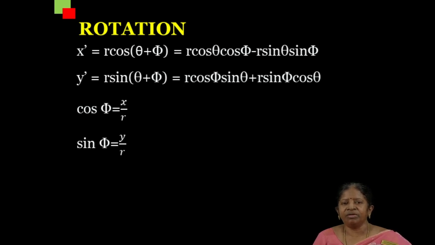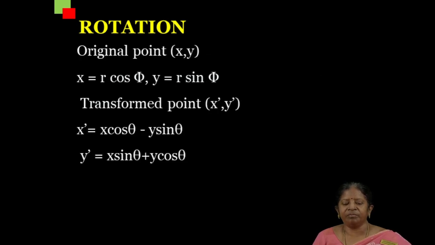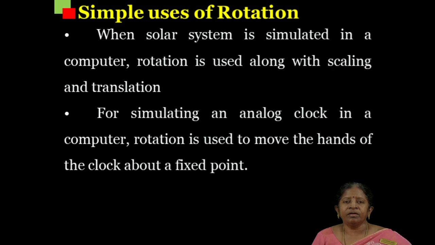In this, we are going to substitute x equal to r cos phi, y equal to r sin phi. Substituting that, we get x dash equal to x cos theta minus y sin theta, whereas y dash will be equal to x sin theta plus y cos theta.